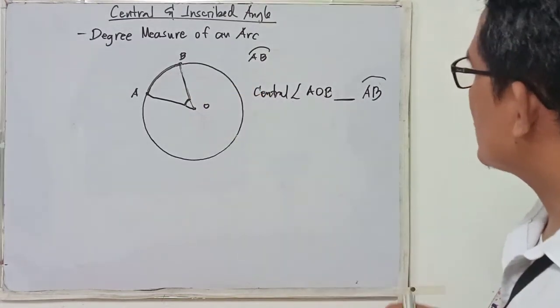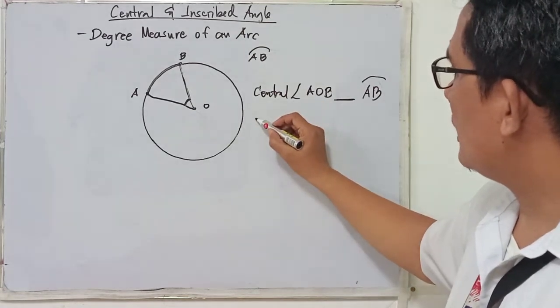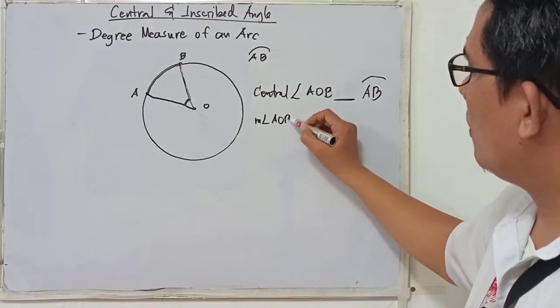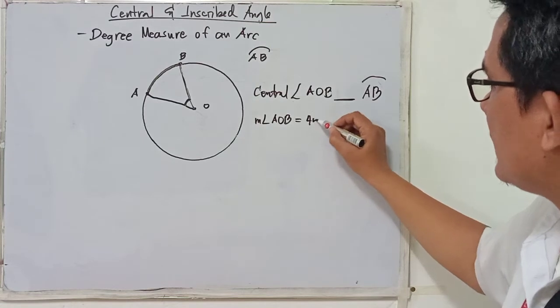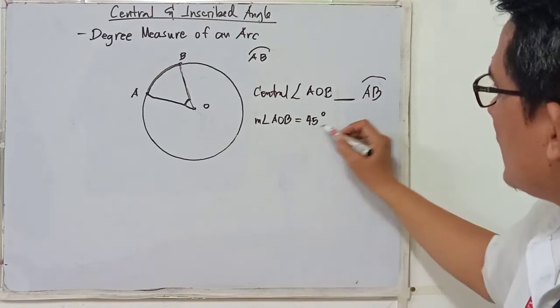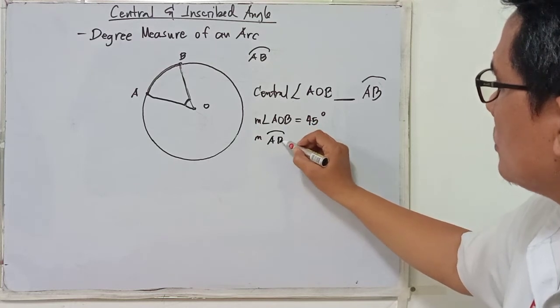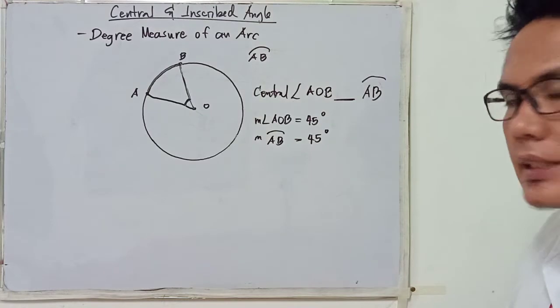So for example, if the measurement of angle AOB is 45 degrees, the measurement of our arc AB is also equal to 45 degrees.